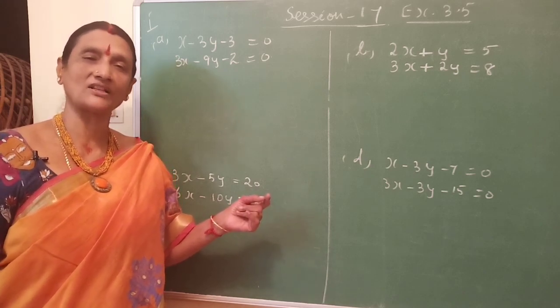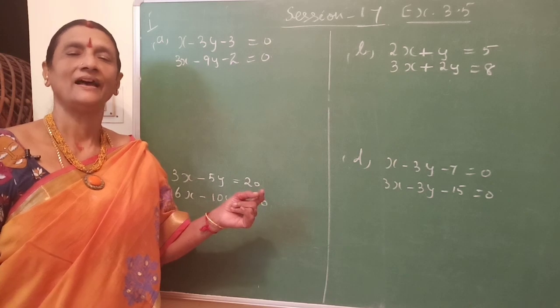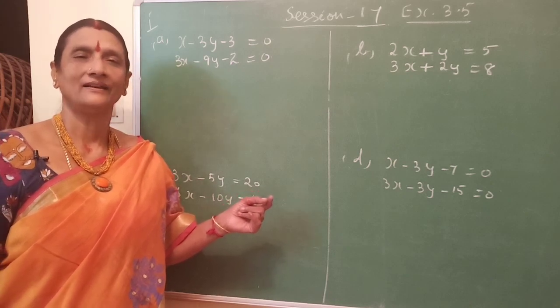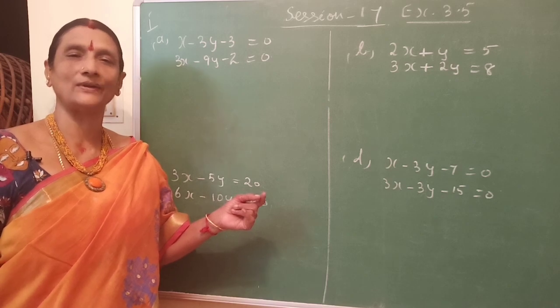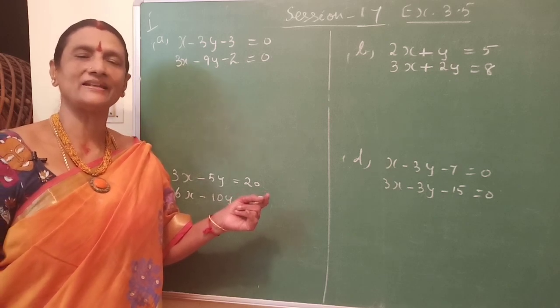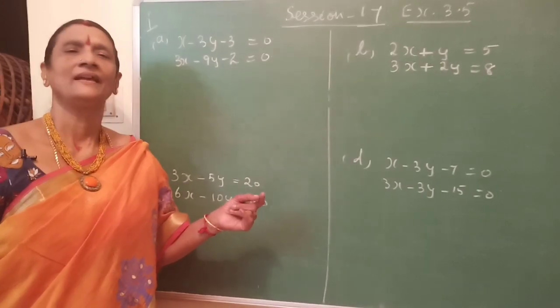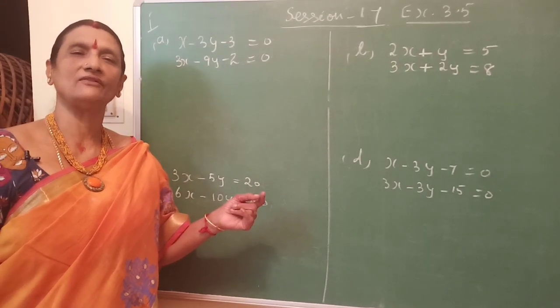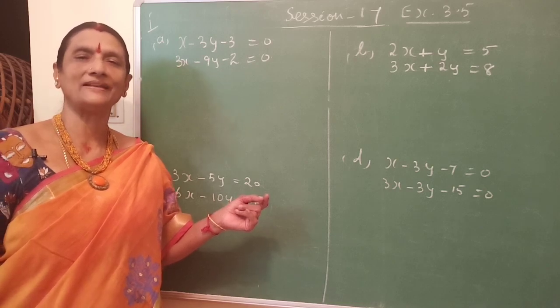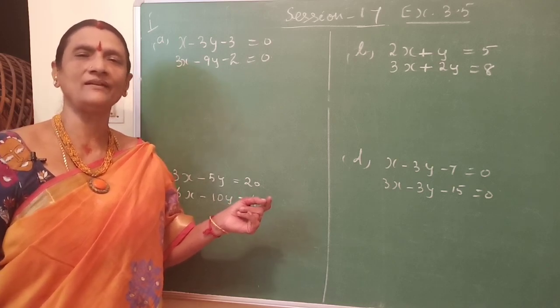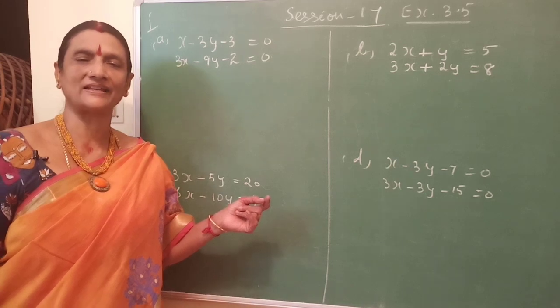We call it the cross multiplication method, and the formula is derived in the way that x is equal to b1 c2 minus b2 c1 divided by a1 b2 minus a2 b1, and y is equal to c1a2 minus c2a1 divided by a1 b2 minus a2 b1. This is what we got for the values of x and y.